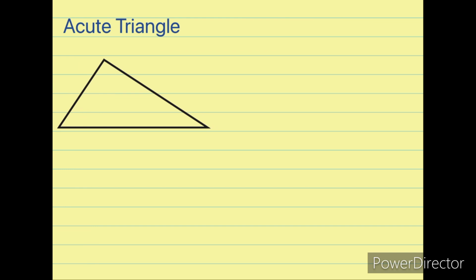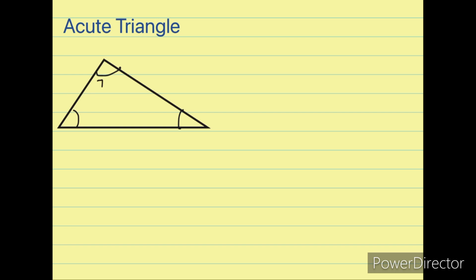Next is the acute triangle. It has angles less than 90 degrees. It means that all the measures of its angles are less than 90 degrees. Ibig sabihin, ang mga measure ng bawat angle niya ay mababa kay 90 degrees.